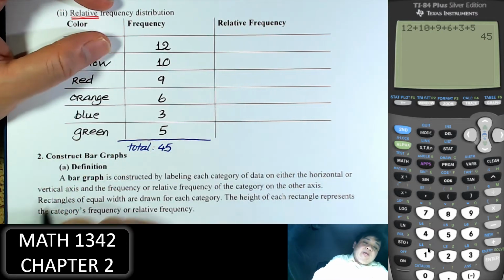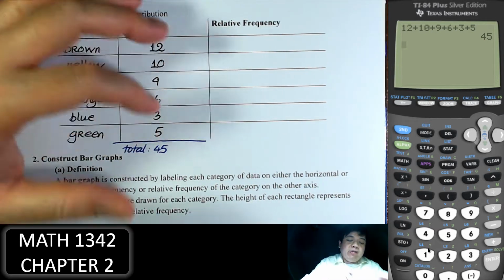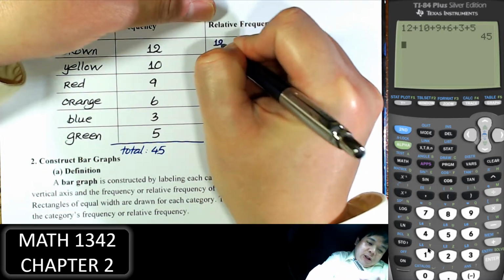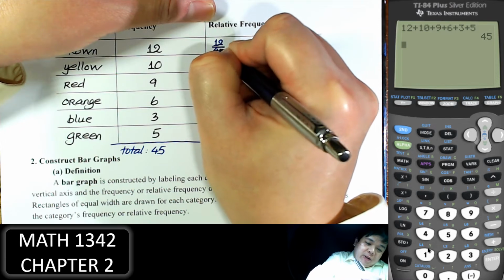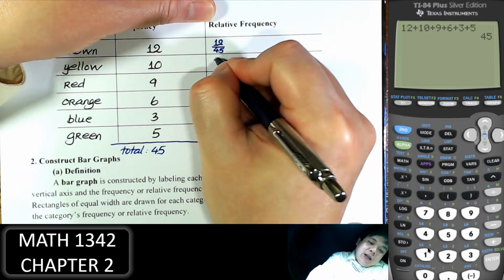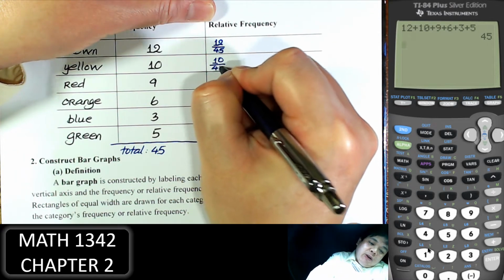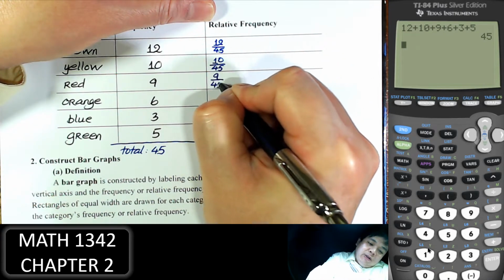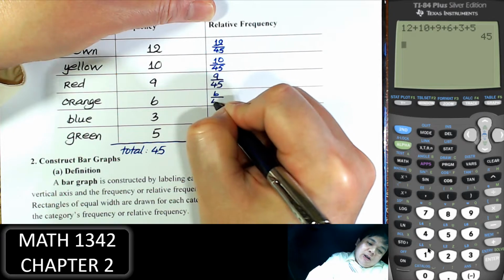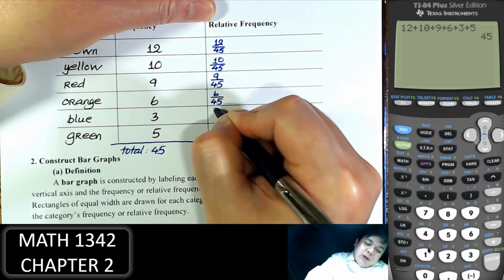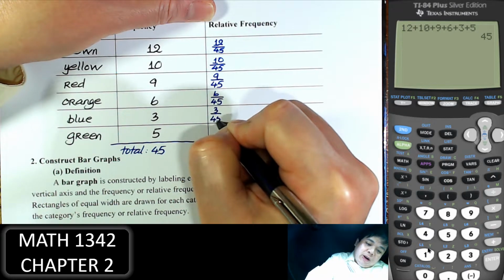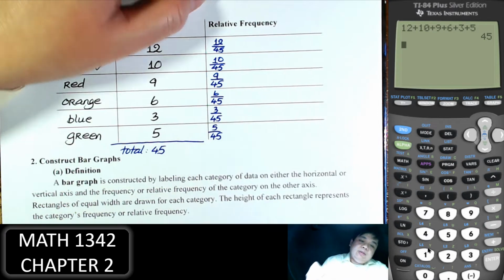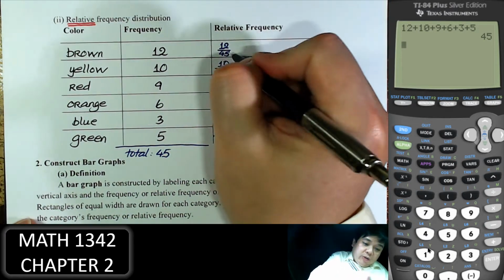Now the relative frequency is those numbers relative to 45. So we're going to say 12 divided by 45, 10 divided by 45, 9 divided by 45, 6 over 45, 3 over 45, and then 5 over 45. And then of course we convert that into percent.